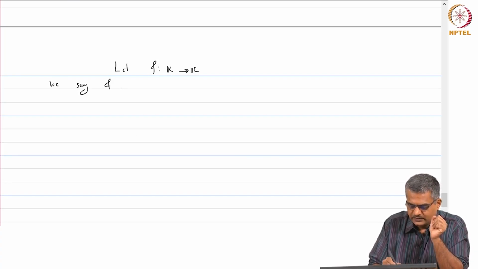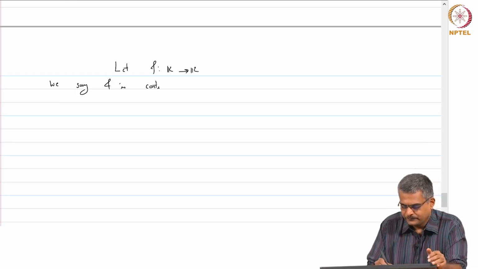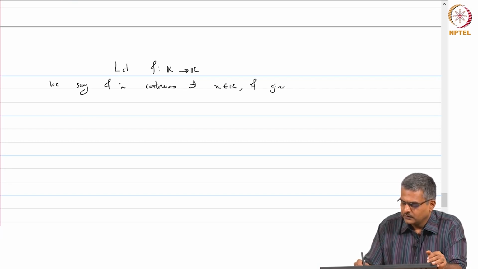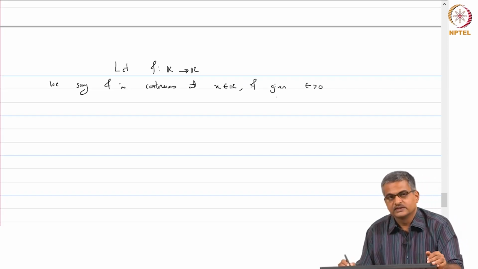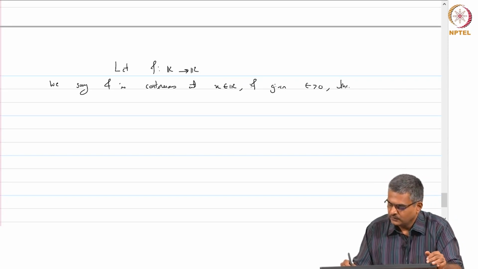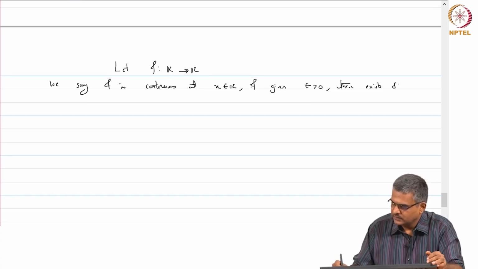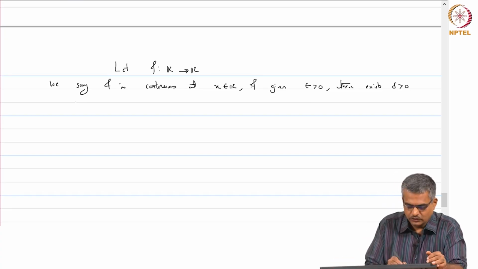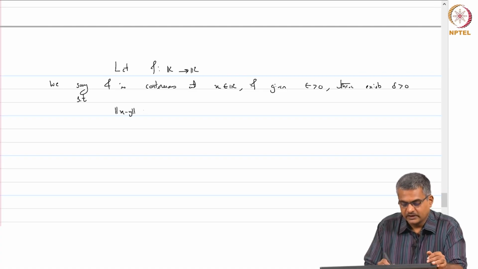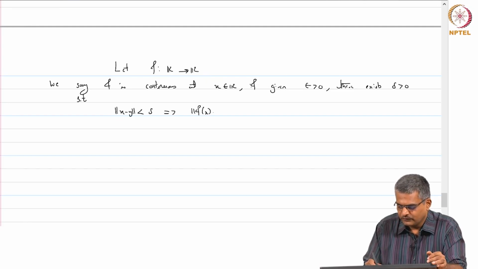We say f is continuous at x belonging to R if, given epsilon greater than 0, which is like a challenge thrown to you, there exists delta, another number greater than 0, such that whenever norm of x minus y is less than delta implies norm of f of x minus f of y is less than epsilon.